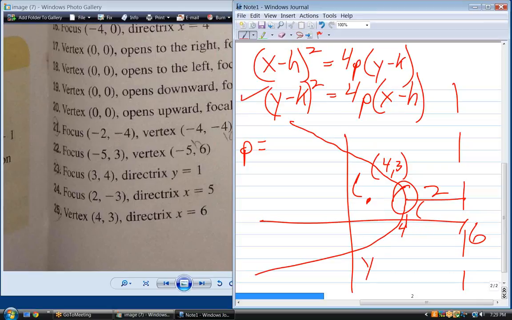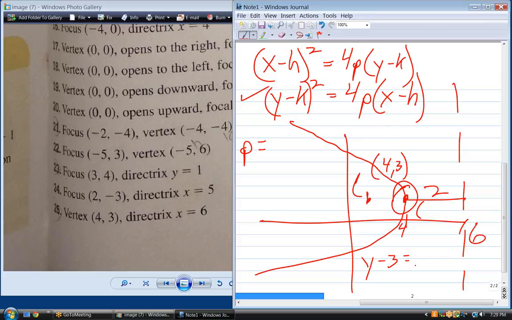So we have y minus 3 equals, what's P? P is 2, 4P. So wouldn't it be -8 because it opens to the left? Yes, and in fact, P is actually -2 because P is the measurement from the vertex to the focus, and I have to go to the left.